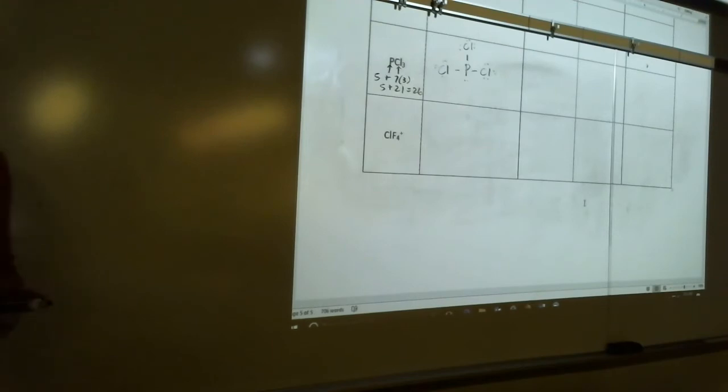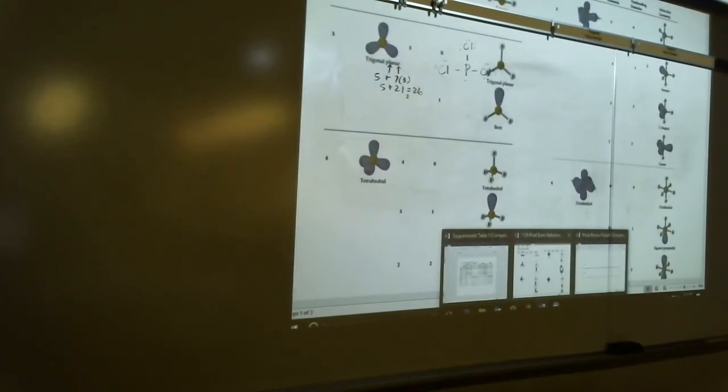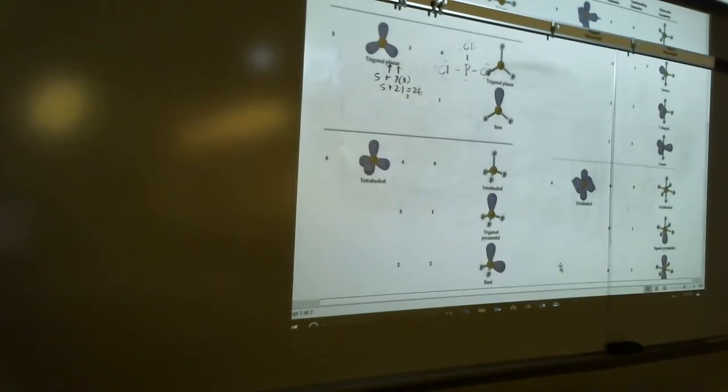Okay, so let's look at our reference page. 4 things on the central atom, right? So what does that correspond to? Tetrahedral. And while we're here, we've got the Lewis structure handy. We can look at it. What molecular geometry would that be? Trigonal pyramidal, right? Because that lone pair will take up space.